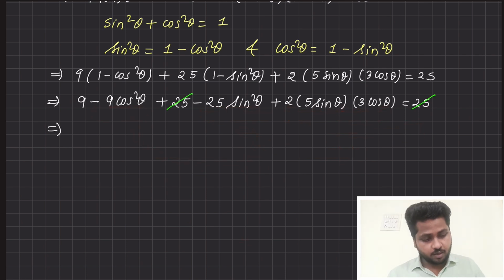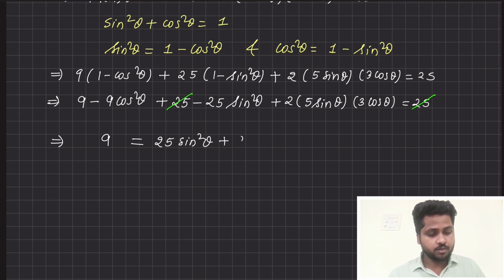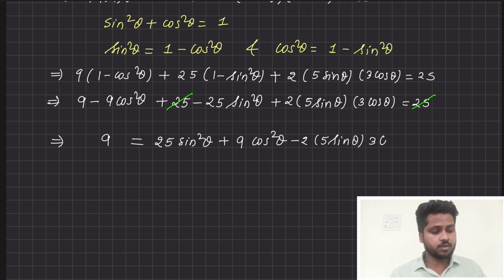Then we get here 9 is equal to 25 sin square theta plus 9 cos square theta, plus, sorry, because it is positive it becomes negative, so minus 2 times 5 sin theta into 3 times cos theta.